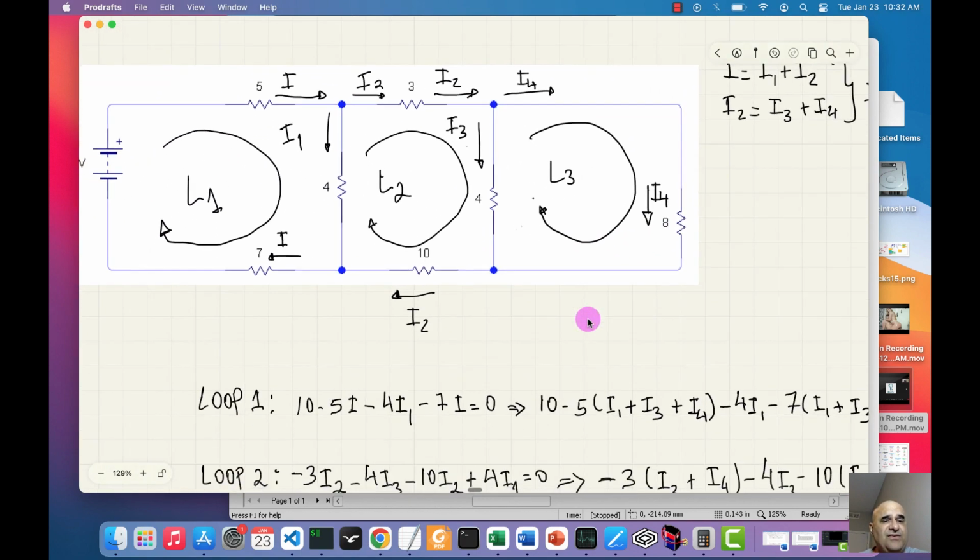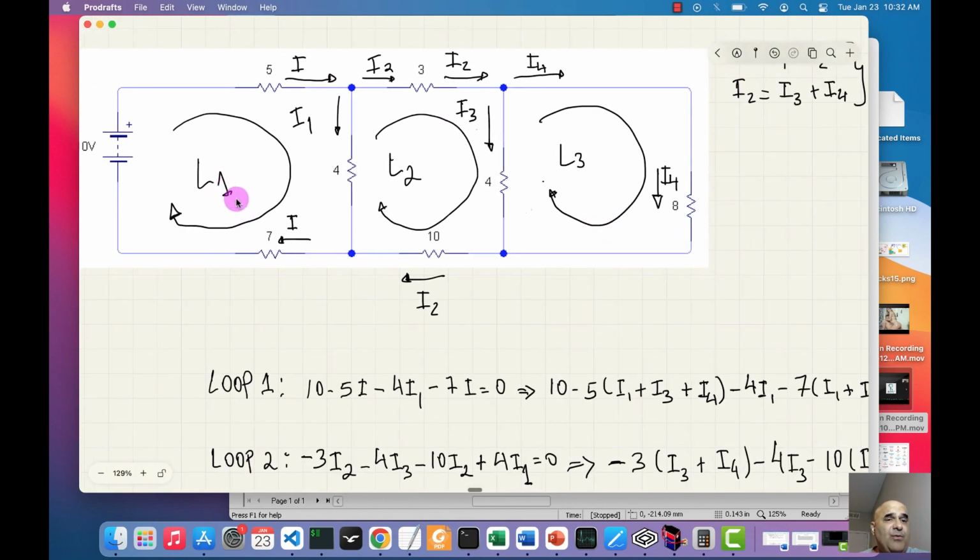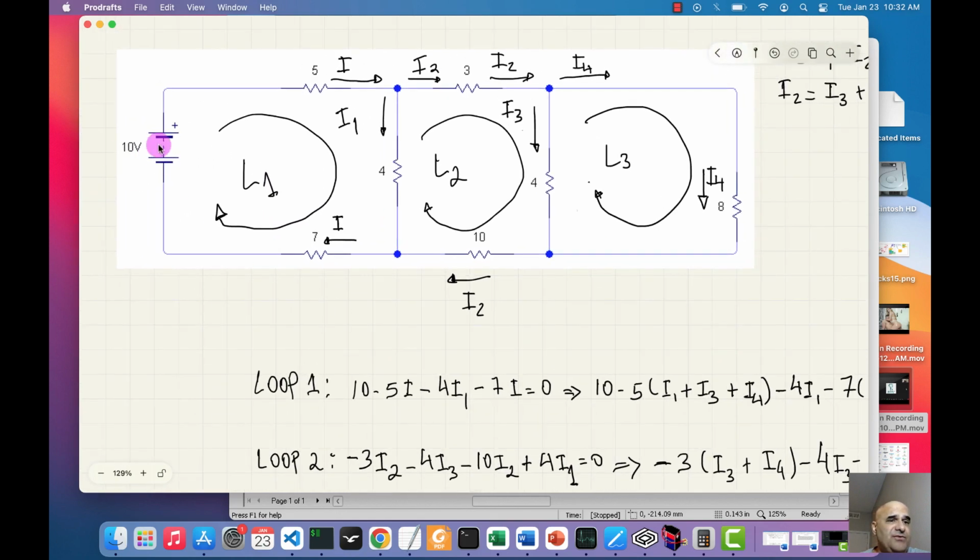Well, to do that, let's write the equation for the loop number 1. For the loop number 1, we have the power supply starting from here, negative to positive. It is a raise. Okay, and I have 10 volts, which is positive. Here we have a drop, 5 times I, need to put the negative sign because it is a drop, a voltage drop. And here we have another current, not the same. Here I have I, and here I have I1.